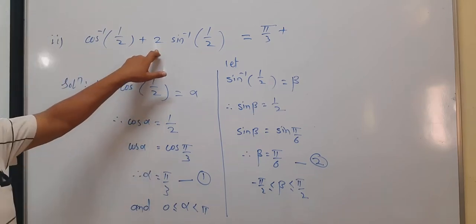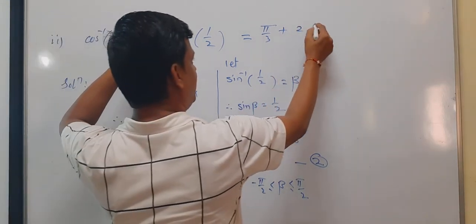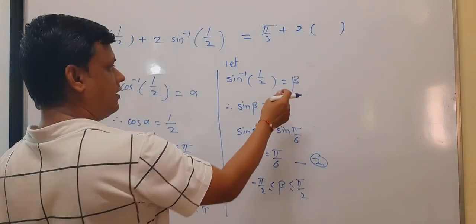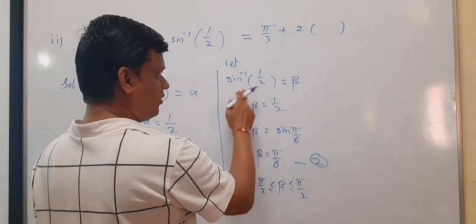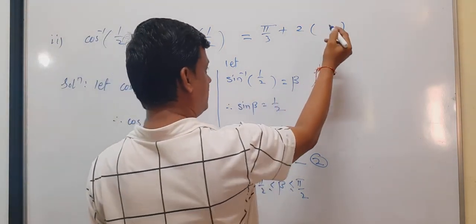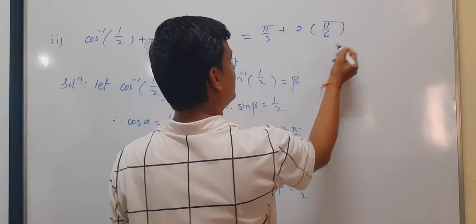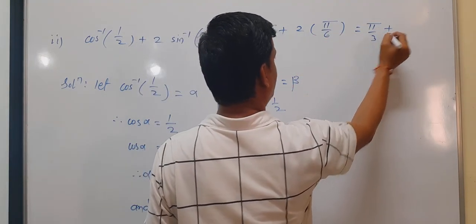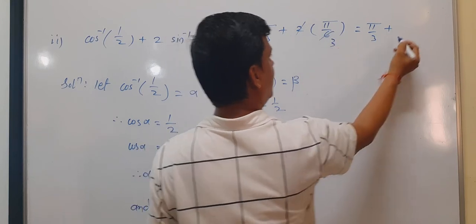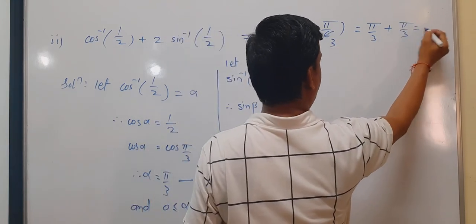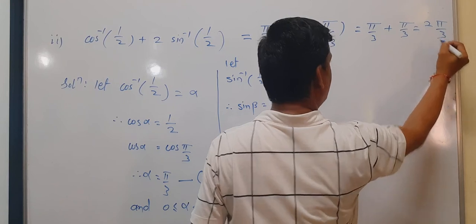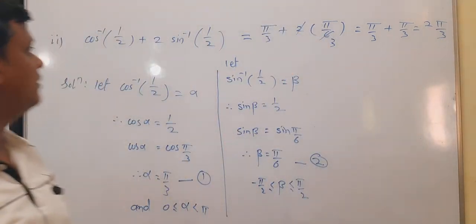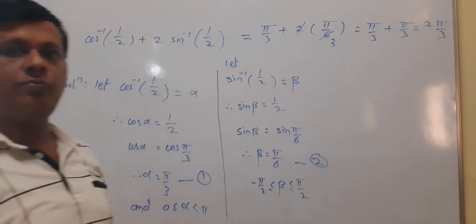Sin inverse 1 by 2 we calculated as pi by 6, because it is represented by beta. So we get pi by 6. Now after simplifying, we get pi by 3 plus pi by 3, that is equal to 2 pi by 3. Therefore, the value of the given expression is 2 pi by 3.